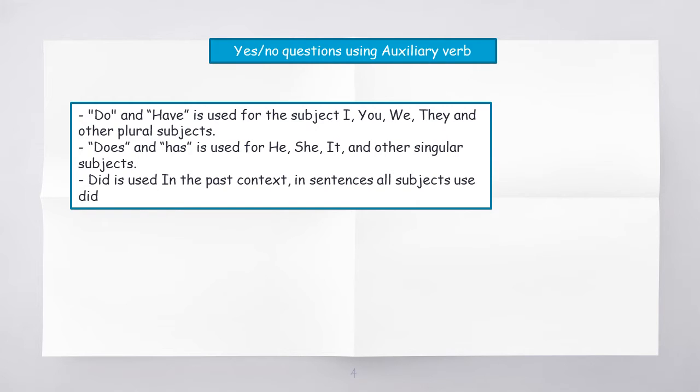Okay, this is a yes or no question using an auxiliary verb. If the sentence you want to ask has a verb, then use an auxiliary verb in front of the interrogative sentence.